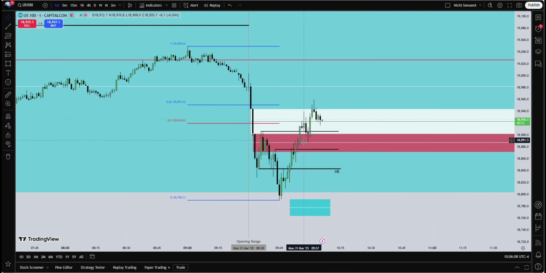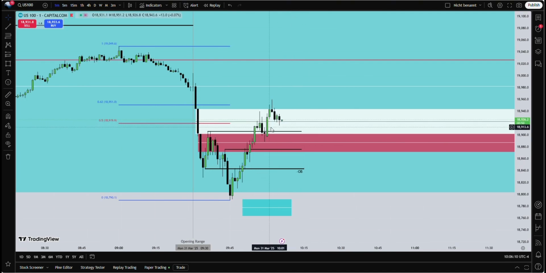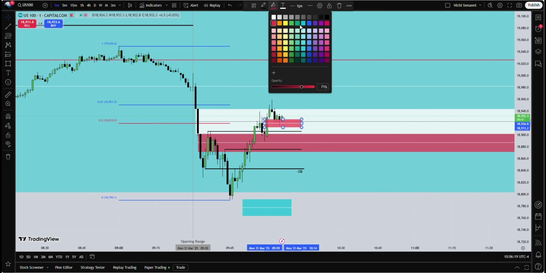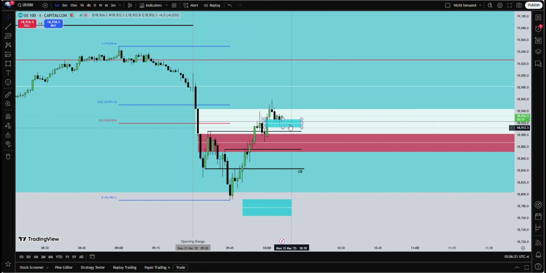Go back to the chart. I can see right now that price is pretty much closing above the consequent encroachment of this fair value gap, which I don't like, because if it's really bearish, it should trade below it and then close below it eventually.